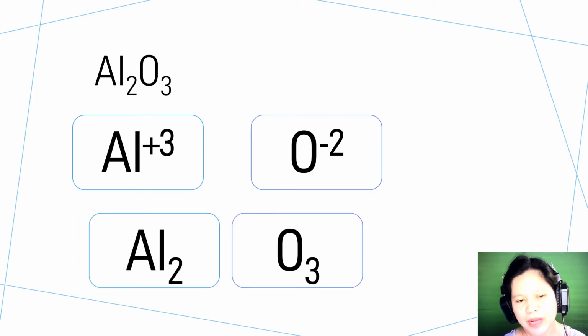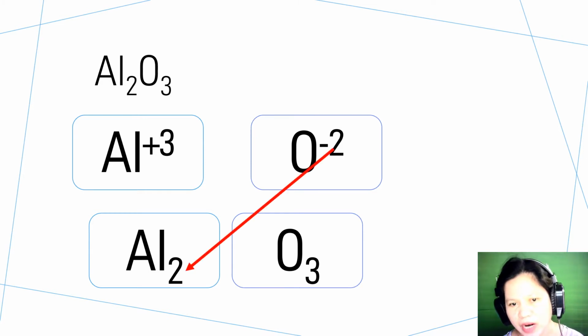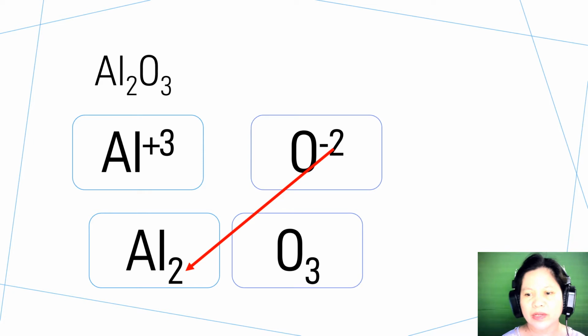We'll copy aluminum and oxygen. But this time, why is it that aluminum has a subscript of 2 and oxygen has a subscript of 3? The 2 is taken from the charge of oxygen, which is 2. Question: are we going to write down the charge? There is no need for you to write down.